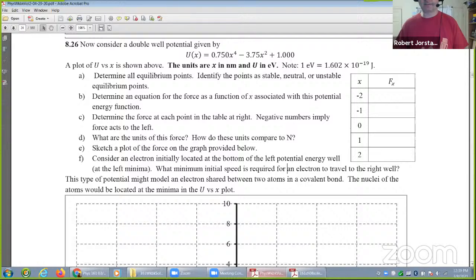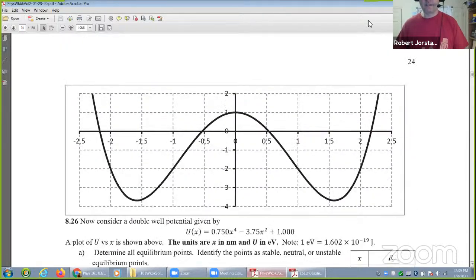Whoa, let's get this up on screen here. We said, imagine you have an electron sitting right here, and it needs to get from right here to over here. And I said, how much speed do I need? What are we supposed to do? Any ideas?